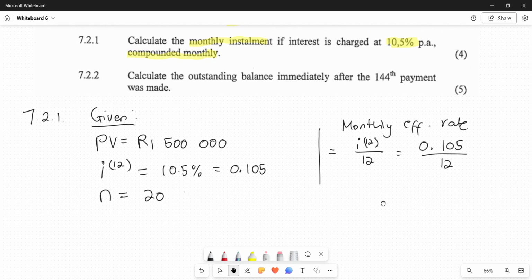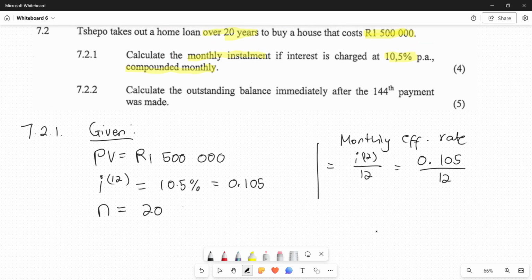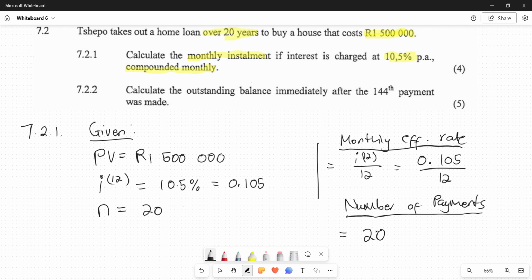Since we have the monthly effective rate, now the number of payments for our loan. Since we'll be paying the loan monthly, the number of payments will be equal to the number of years, which is 20, multiplied by 12.